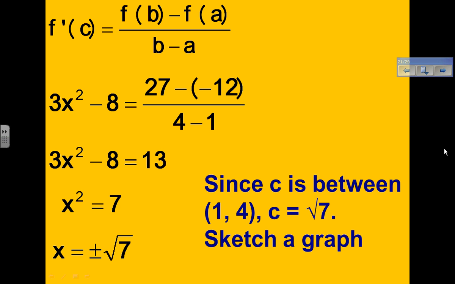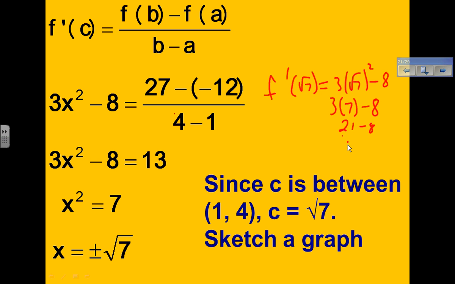Okay? If you put f prime of the square root of 7, 3 times the square root of 7 squared minus 8. 3 times 7 minus 8, 21 minus 8, that gives you 13. So that's the instantaneous, f prime of the square root of 7.